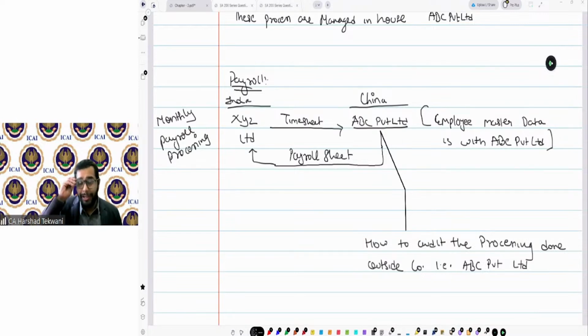The importance is directly attached to the payroll. Number two, is there any relationship between both? Is ABC Private Limited a subsidiary, or who is the auditor I can approach, all that I will understand, and that way I can identify whether ABC Private Limited is a service organization.